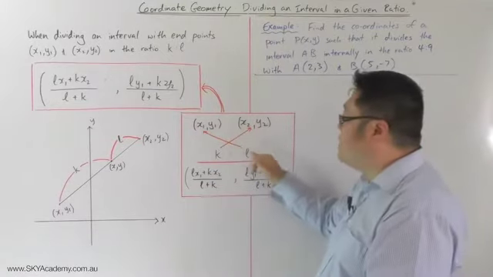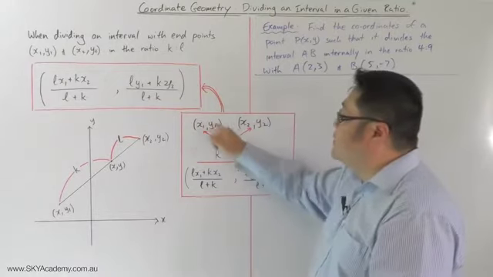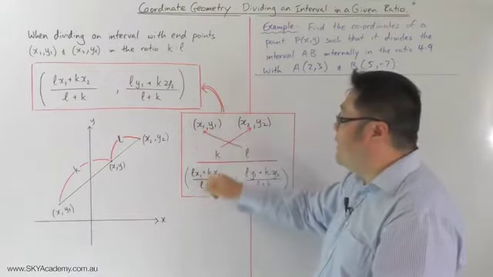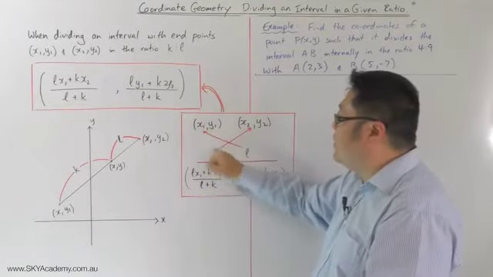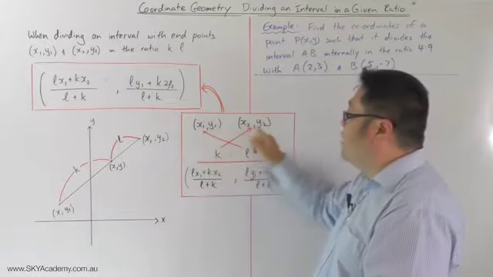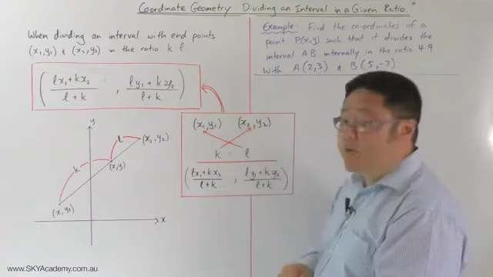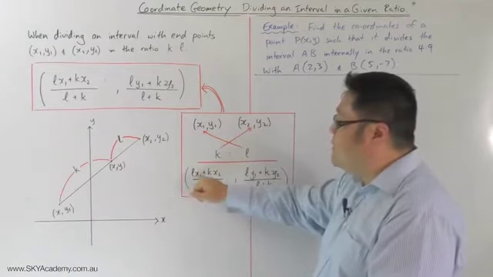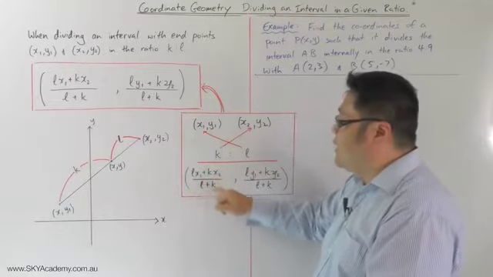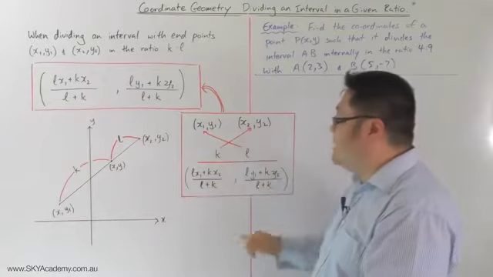So L, this part, times the coordinates of your first point, and this part times the coordinates of your second point, which gives you L times X1 plus K times X2, all over the sum of the two parts.